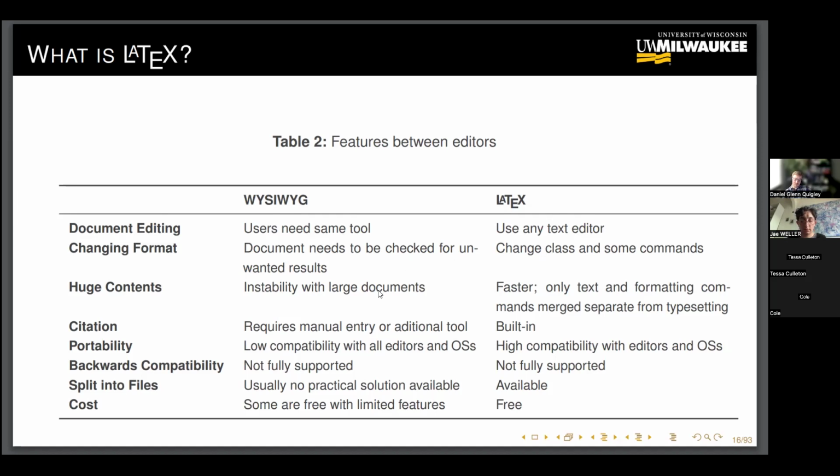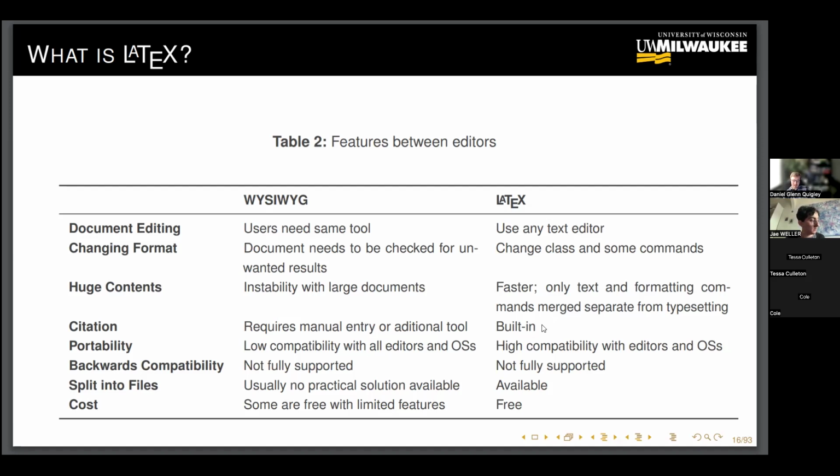The larger you get with your project, the more unstable what you see is what you get programs become. LaTeX can be broken up into smaller pieces and can handle and compile this information much faster and less taxing on a machine.